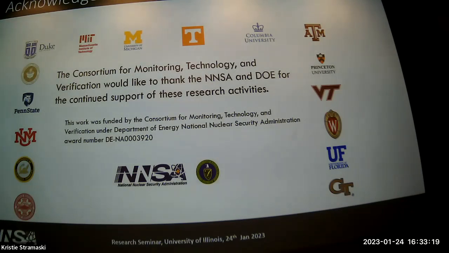At PNNL especially, we had highly enriched uranium-235 samples with different enrichments. So we did measurements with those samples, and we're analyzing that data. And it looks like, yes, we can find out the enrichment. So we can quantify how much uranium-235 is present, and that will translate to getting the enrichment levels. We can do that.